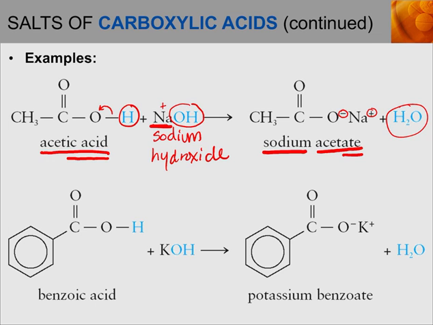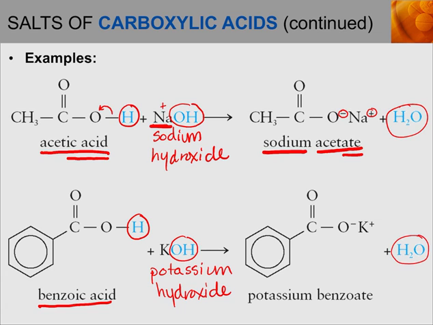Below that, we have the example of benzoic acid reacting with potassium hydroxide. Same thing as above, we have our negative OH. That's going to be attracted to the hydrogen on the carboxylic acid. So we form a water molecule, H2O.